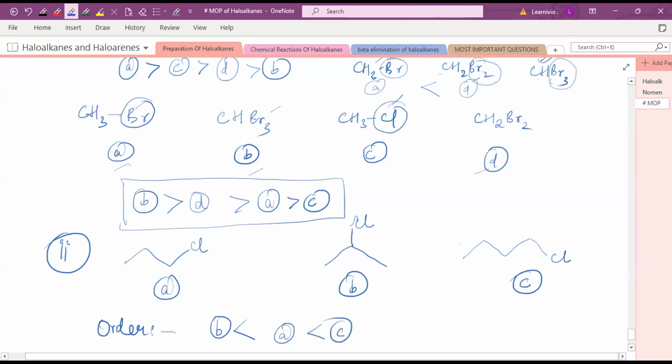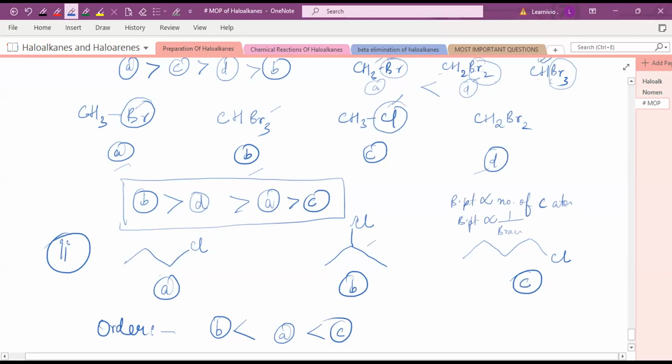Very good. The more the number of carbon atoms, the more will be your boiling point. We know that boiling point is directly proportional to the number of carbon atoms, and inversely proportional to the branching, right? So in option B, the branching is there, so it will have the lowest boiling point.